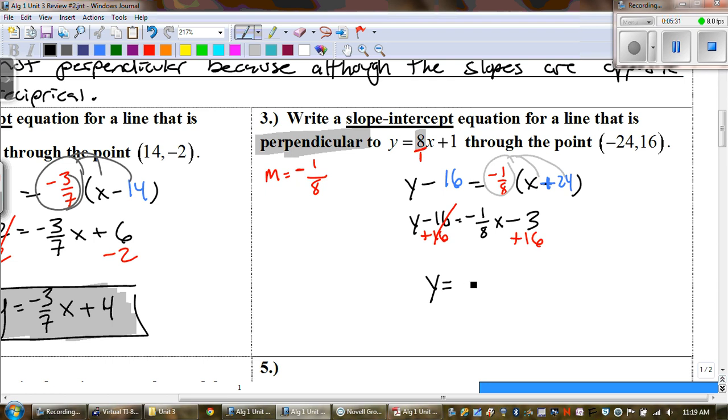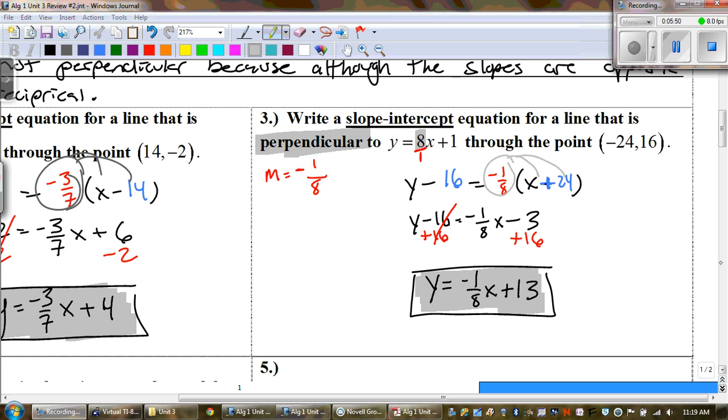And we get y equals negative 1/8 x plus, not 14, 13. And there you go. Sound good? Good. Moving on.